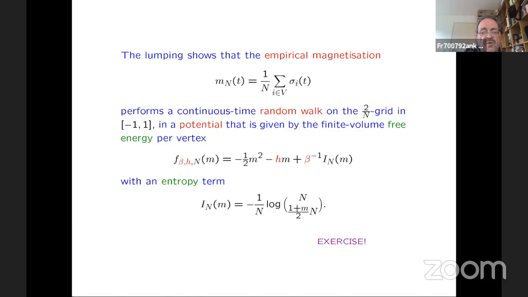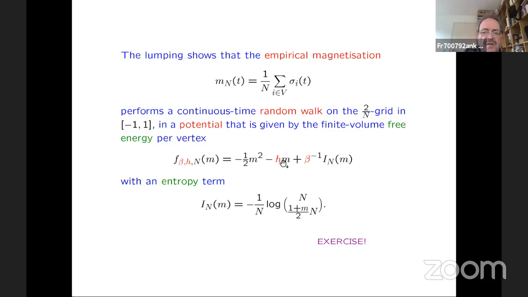So if the potential goes up, it has trouble going up, and if the potential goes down, it likes to go down. And if you do a computation, and this is part of the exercises that come with this lecture, then you will see that it is a random walk on that fine grid in a potential that is given by a very explicit function.